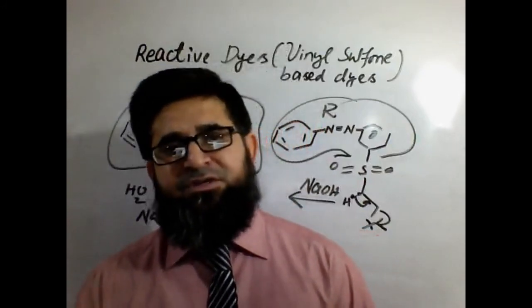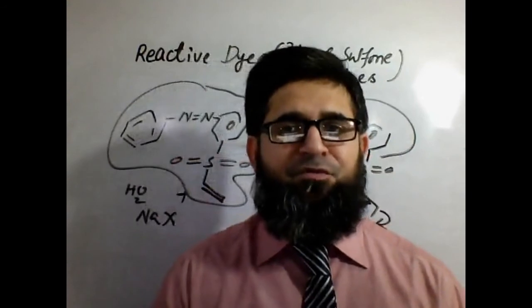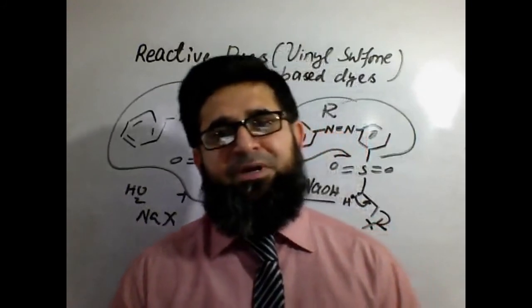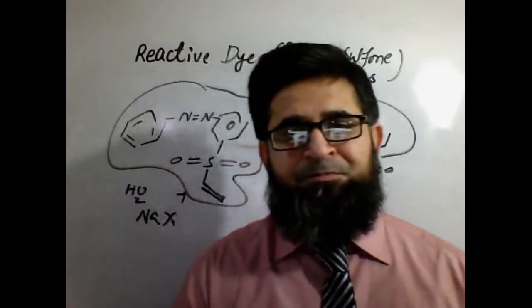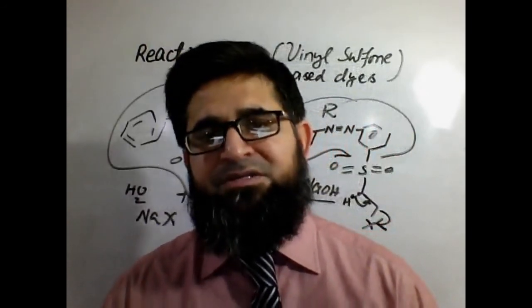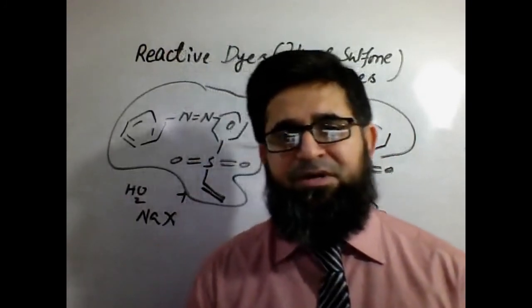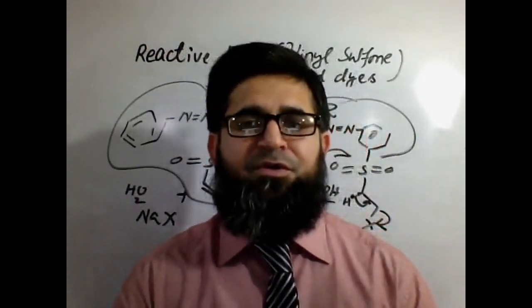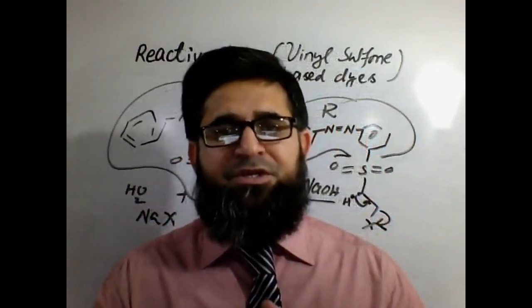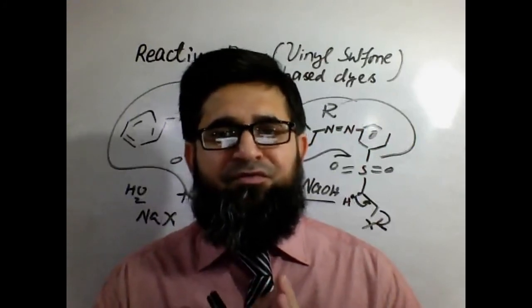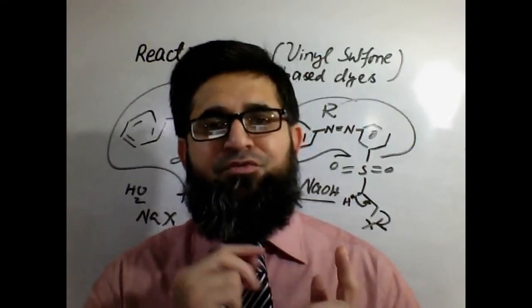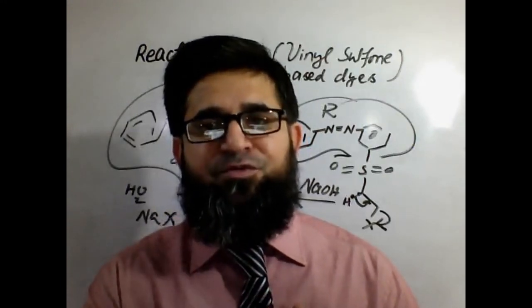I've given you basic background information, and then I've tried to prepare vinyl sulfones by two different methods, and I've given you an introduction on how the vinyl sulfone based dyes could react with cellulosic fiber, resulting in the formation of permanent bond. So this is how we have started off in the color chemistry course, and we moved from basic simple dyes, then we discussed Azo dyes, we moved to reactive dyes. In reactive dyes we have moved to vinyl sulfone dyes.